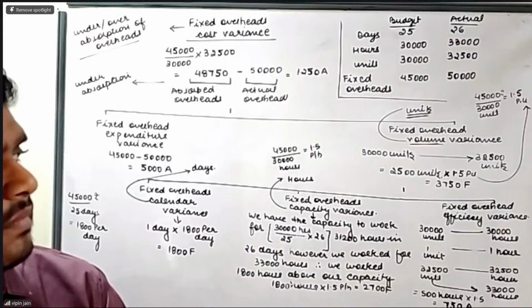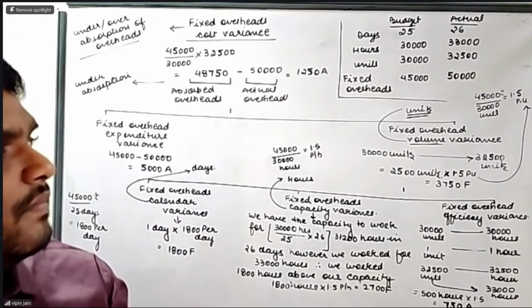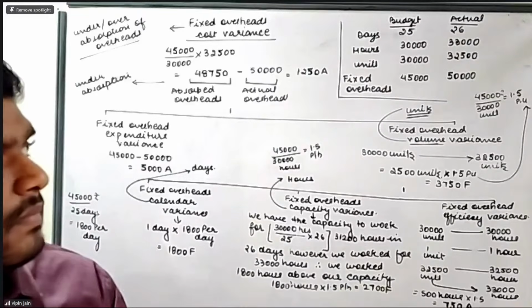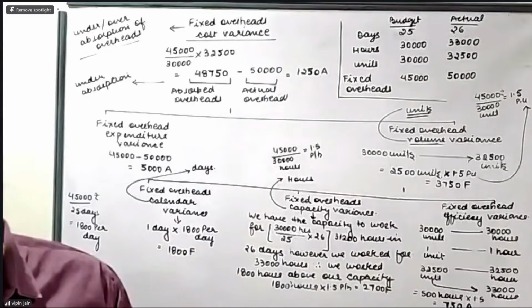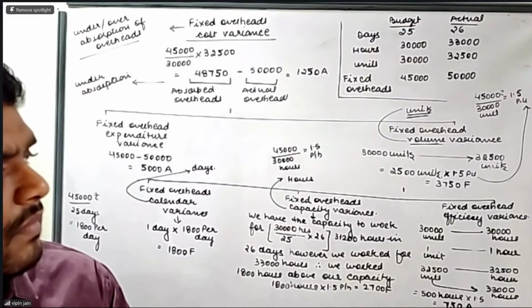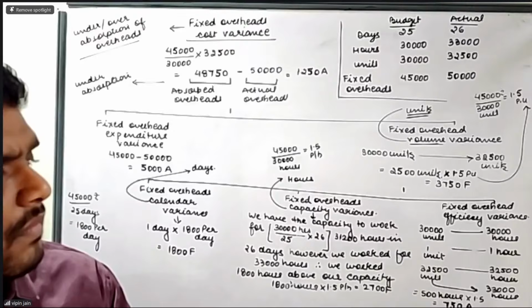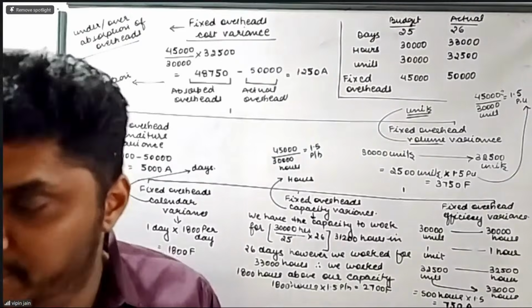Coming to fixed overhead volume variance, we have produced 32,500 units, but the budgeted ones are 30,000 units. The difference is 2,500 units. But we have to compute the variance in rupees, how much it is varying.